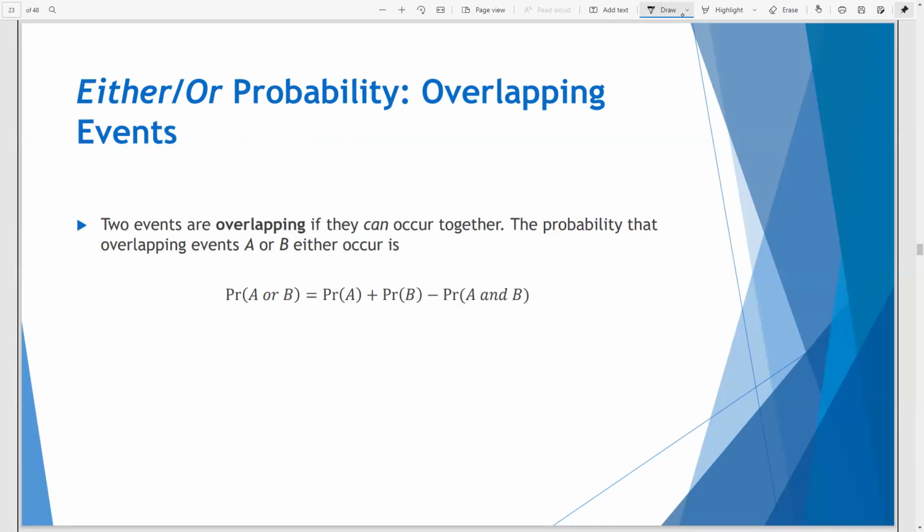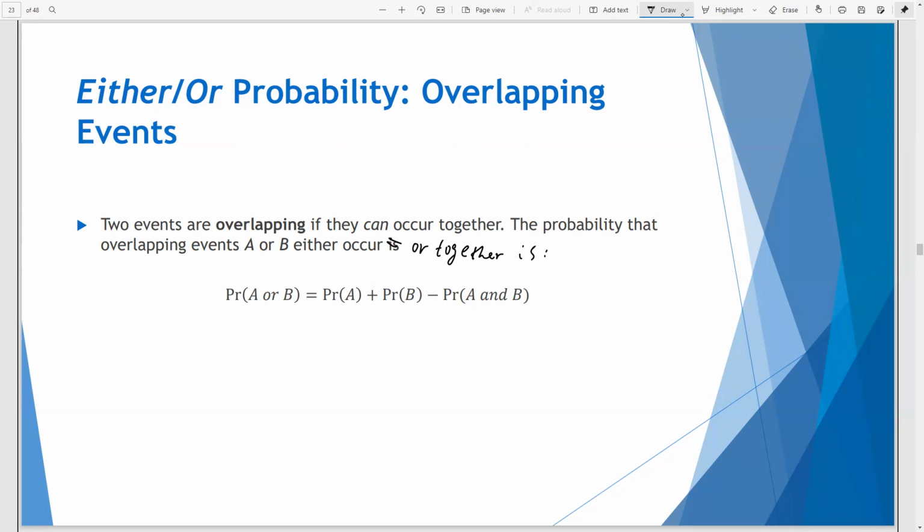Either-or with overlapping events. Overlapping means they can occur together. Then the events will either occur or occur together.